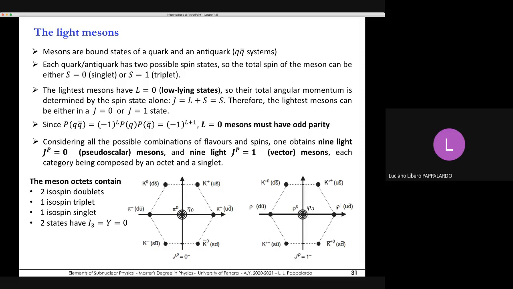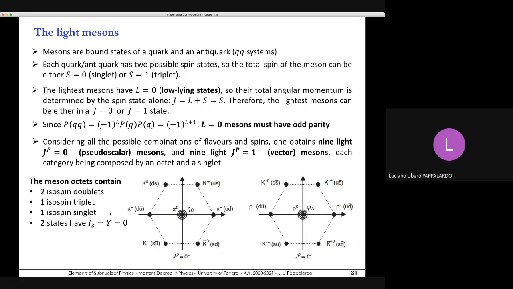What is represented here are the octet states for J^P = 0^- and for J^P = 1^-, the pseudoscalar mesons and the vector mesons, low-lying states. What we see here is that we have 2 isospin doublets. One is here, K0, K plus, the other is there, K minus, K0 bar. They come with 2 opposite projections of the third component of isospin. Then we have one isospin triplet, the pi minus, pi 0, pi plus, or for the vector mesons, the rho minus, rho 0, rho plus.